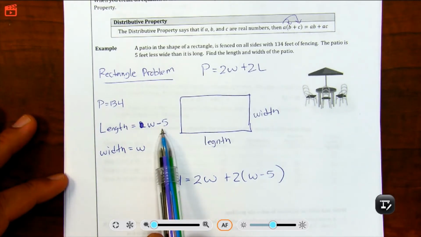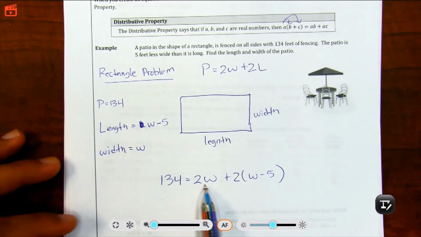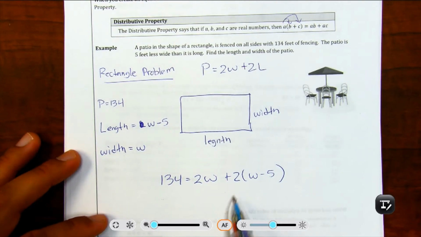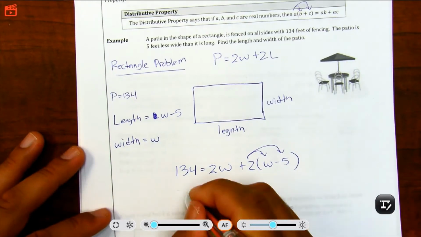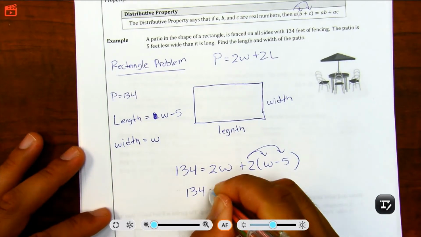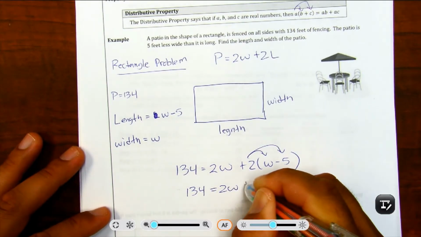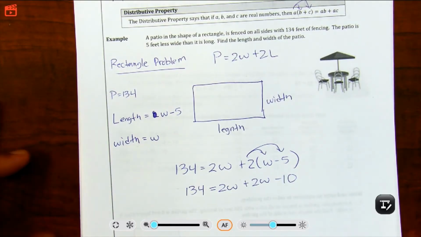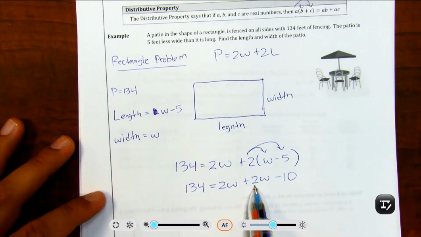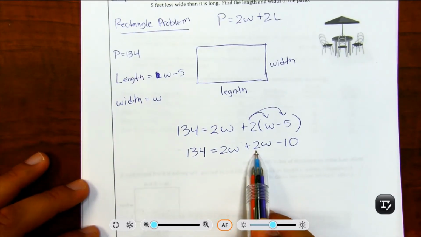Right here, you're going to distribute 2 times W and 2 times negative 5. So you have 134 is equal to 2W plus 2W minus 10. 2W plus 2W, these are like terms, you could combine them. So that is 4W.